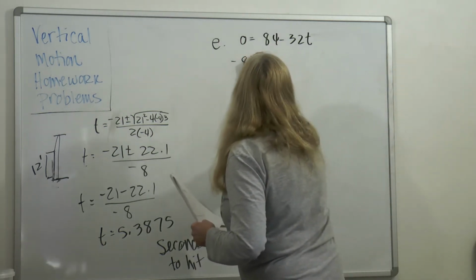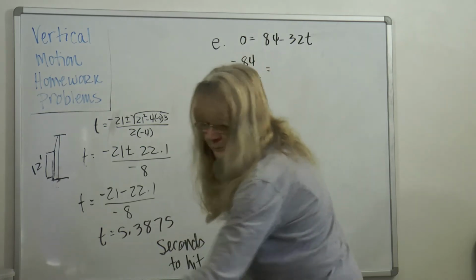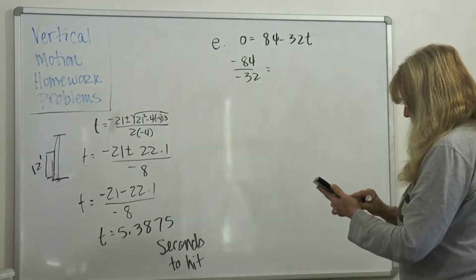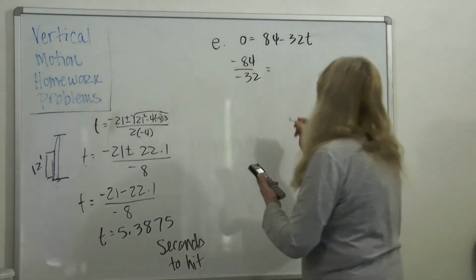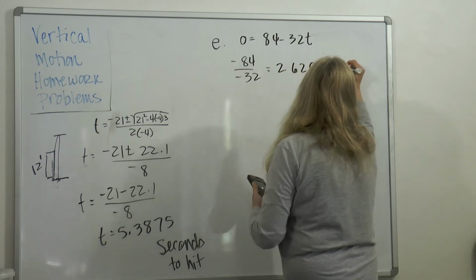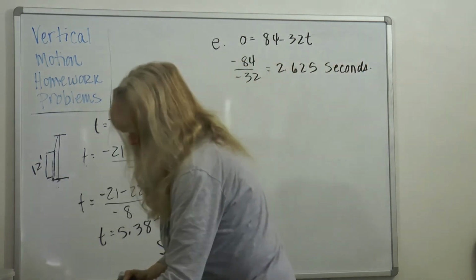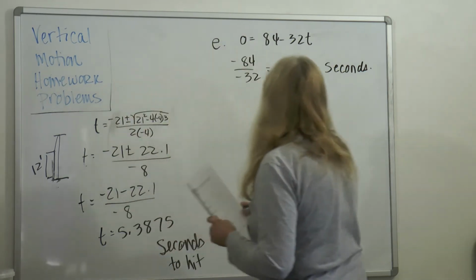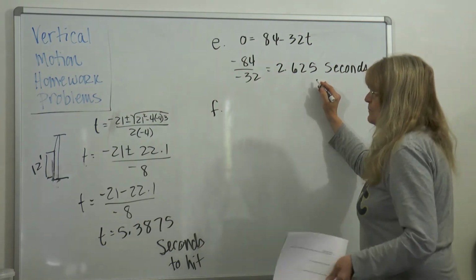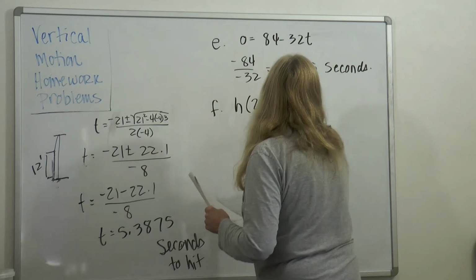So that's negative 84 divided by negative 32. Okay, now to get the maximum height, I'm going to put this value into my position function. So I'm going to find h of 2.625.